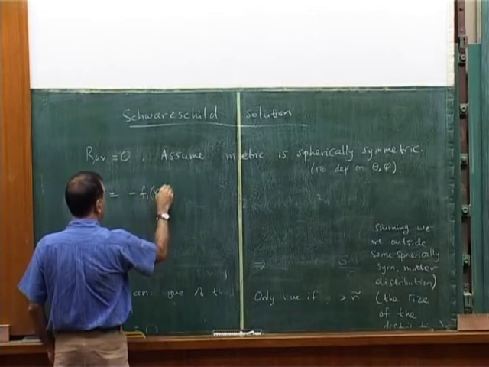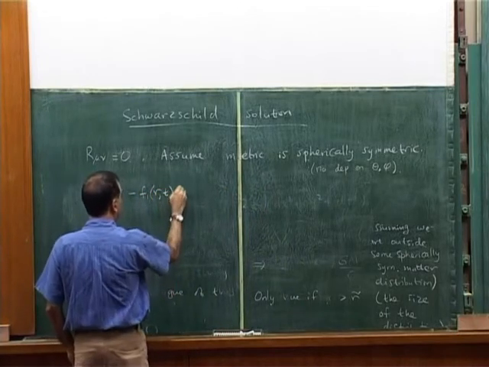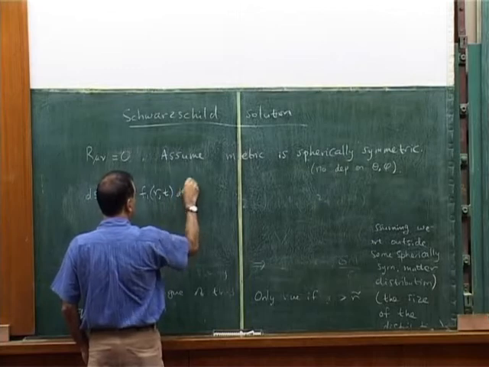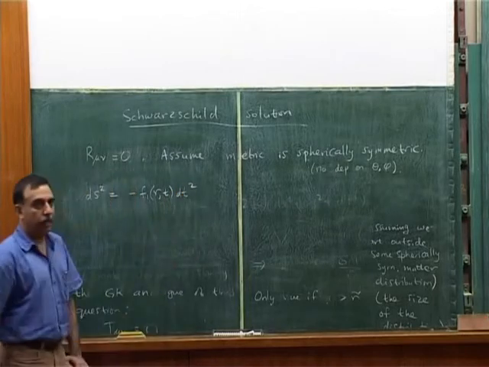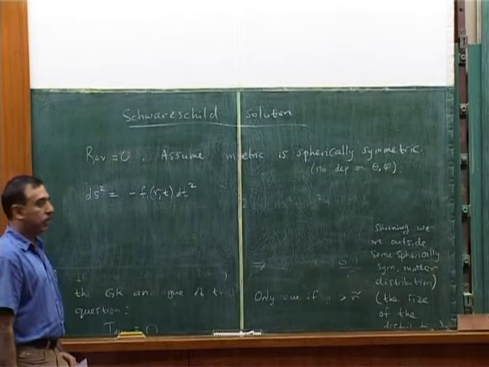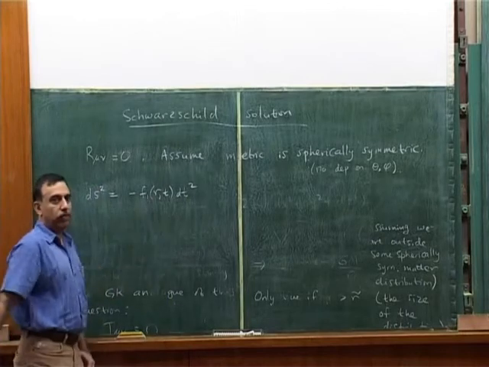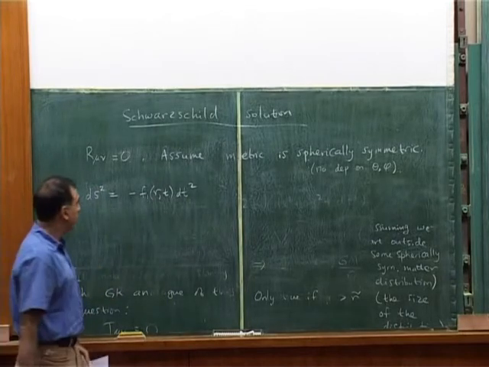It's going to be minus f1 of r and t dt squared. I just put the minus sign without any loss of generality. Even that's not an assumption because I still don't know if f1 will be positive or negative.